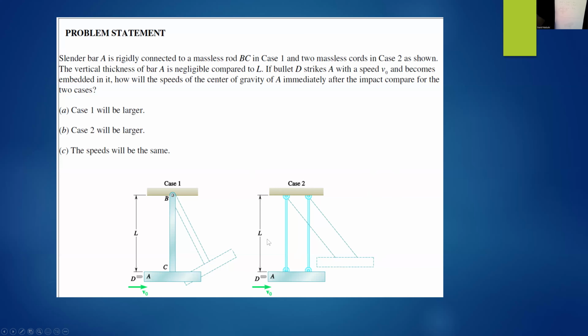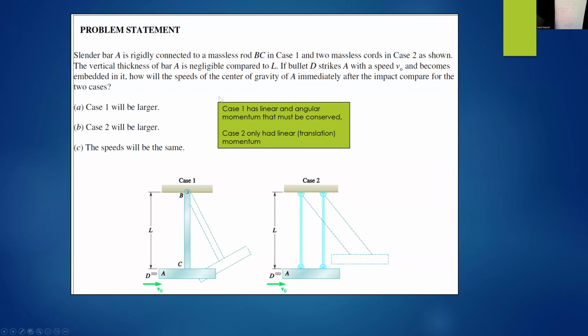But why? If you want to think about it for a second, you can press pause, but it comes down to case 1 having both linear and angular momentum. If you think about this block down here at A, it's going to have to rotate, even though it's connected to this massless thing.